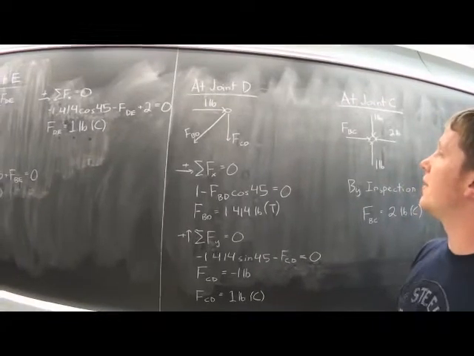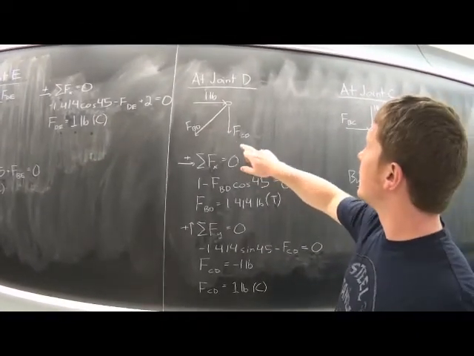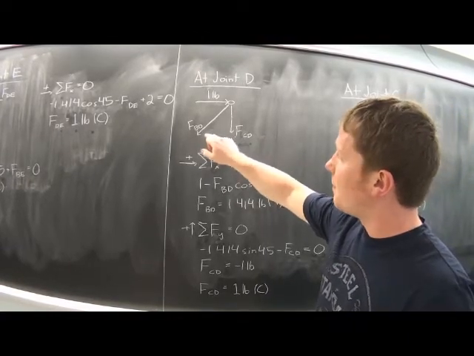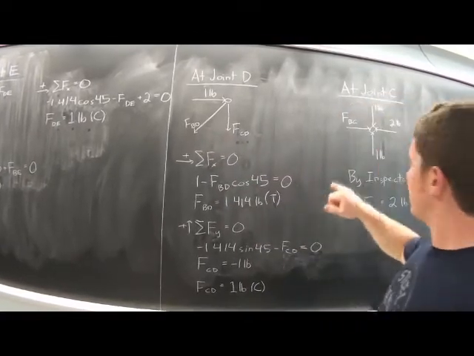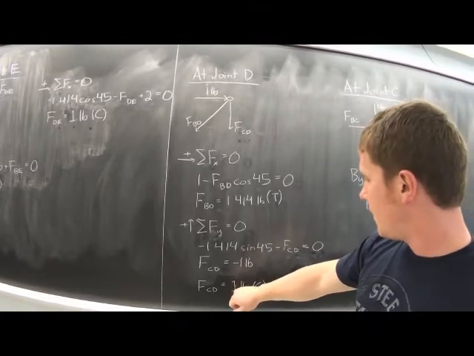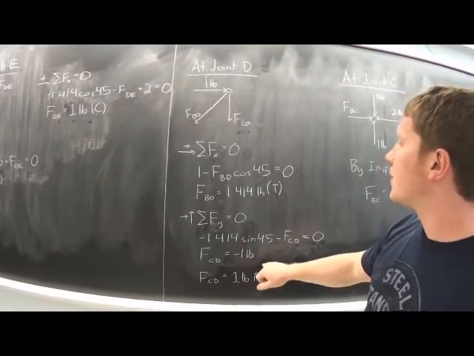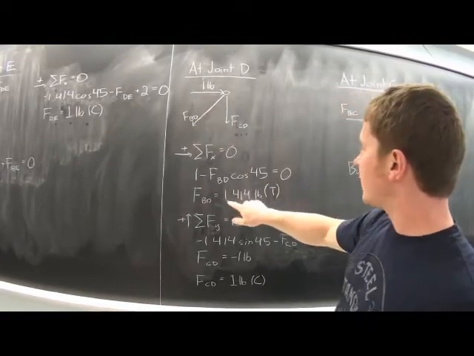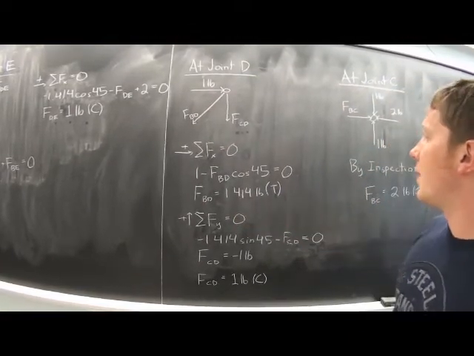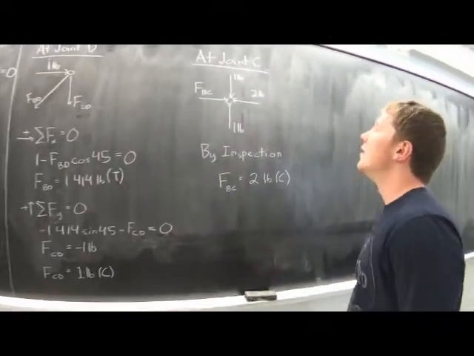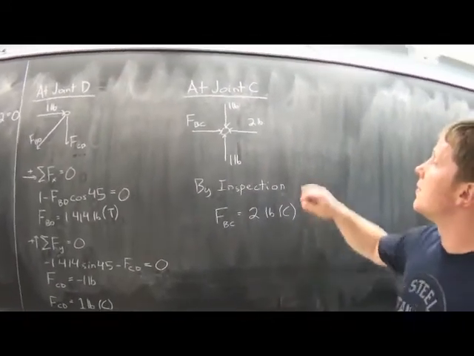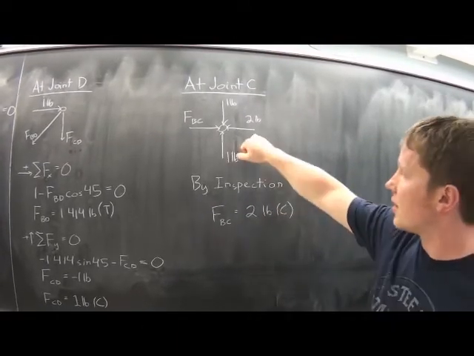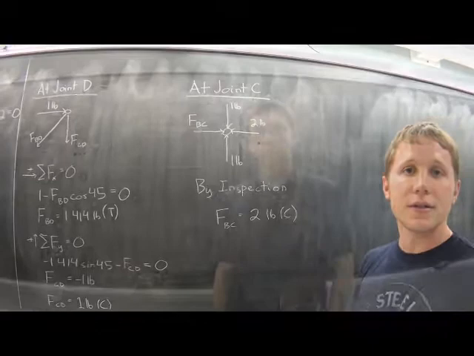Moving on, we go to point D, and we see that FCD is equal to FBD in the y. So FCD is equal to 1 pound in compression, and then FBD in the x is equal to 1 pound. So FBD is equal to 1.14 pounds in tension. Moving on, at point C, we see that FBC is equal to 2 pounds in compression.